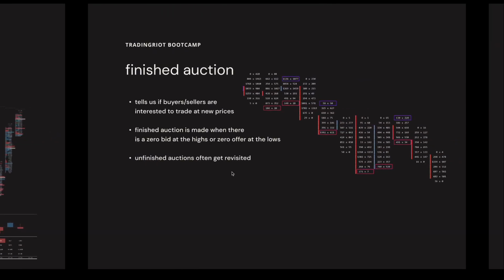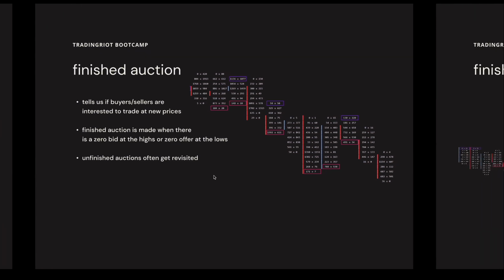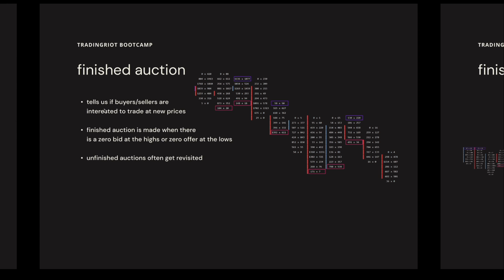Finished auction, this is something you will only be using when it comes to the legacy markets and the tick markets like bonds, for example. It tells us if buyers and sellers are interested in trading at new prices. A finished auction is made when there is 0 bid at the highs or 0 offer at the lows.